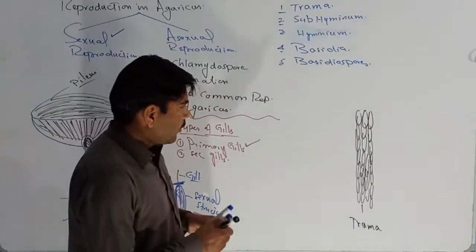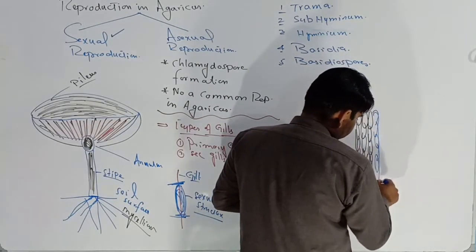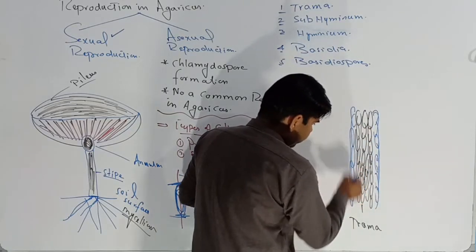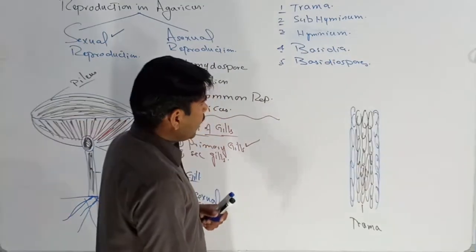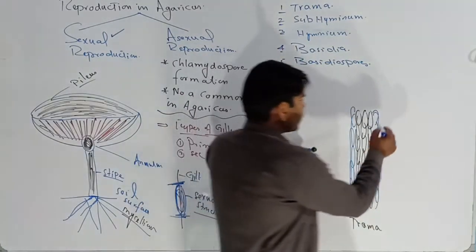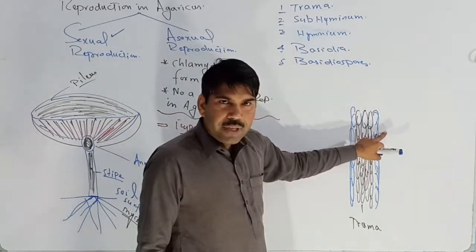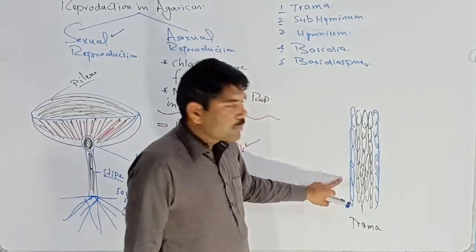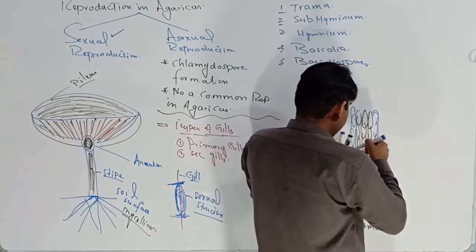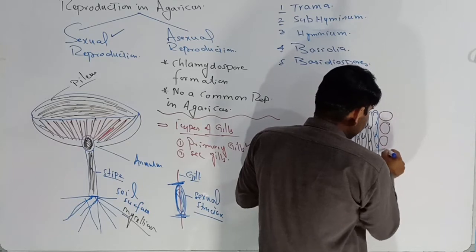After this trama, the tramal cells are also present here. After this, there is a subhymenium. Some cells are arranged on the peripheral region of this trama. It means this one is a peripheral region of trama, and this one is also a peripheral region of trama.